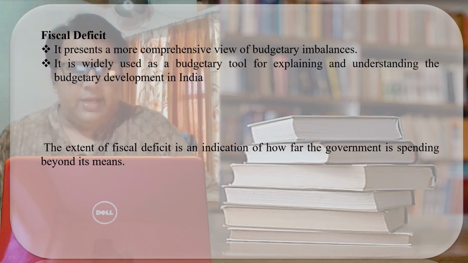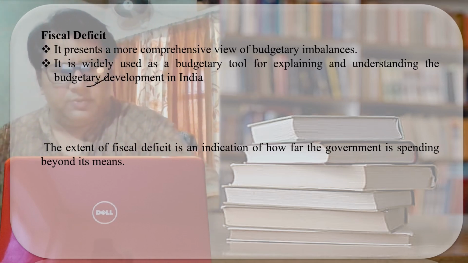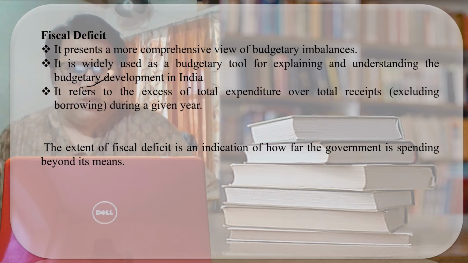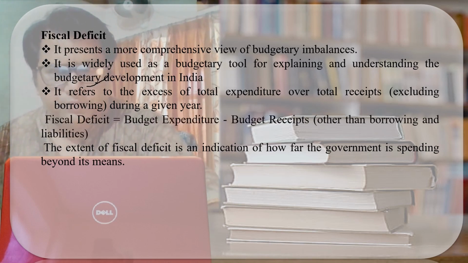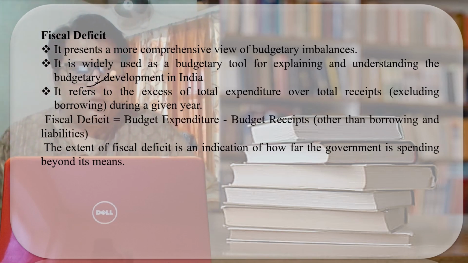It is used widely as a budgetary tool. Why? Because we get complete information about the imbalances. It refers to the total expenditure over total receipt during a given year. Fiscal deficit can be calculated as the difference between the budgetary expenditure and budgetary receipt, excluding borrowings and liabilities.